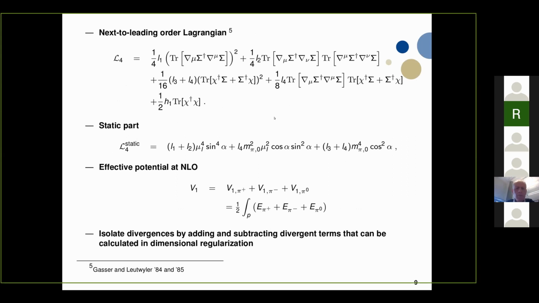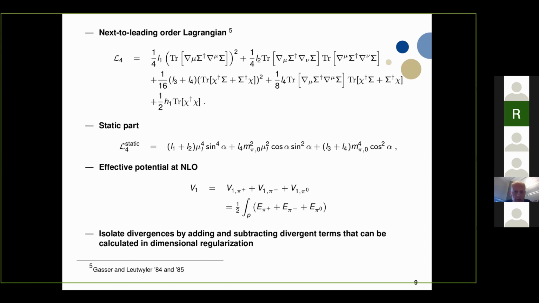Okay, so we want to do a next-to-leading order calculation. That involves the standard contribution from the one-loop functional determinant. And then you also will have a contribution from the next-to-leading order Lagrangian in the static limit, or the static part of it. This was a Lagrangian that was written down in the mid-80s. There are many more terms than I've shown.